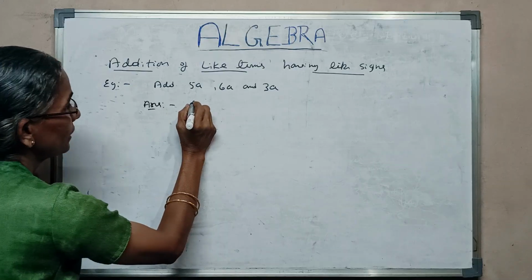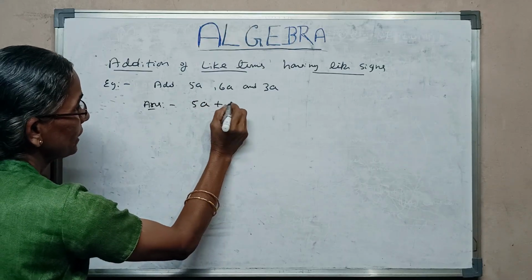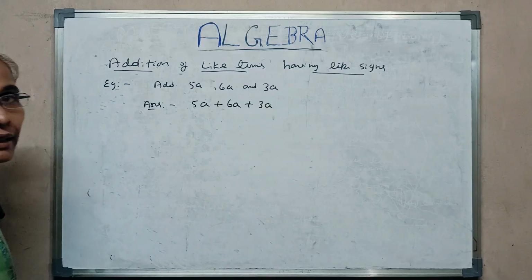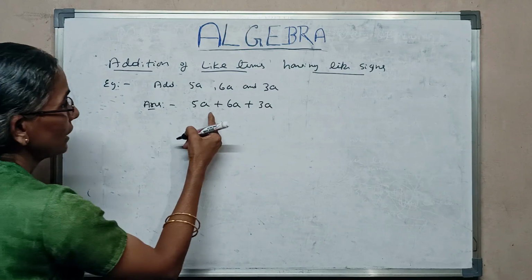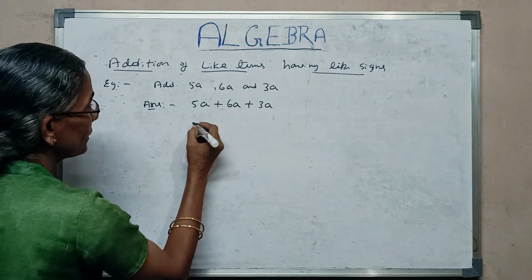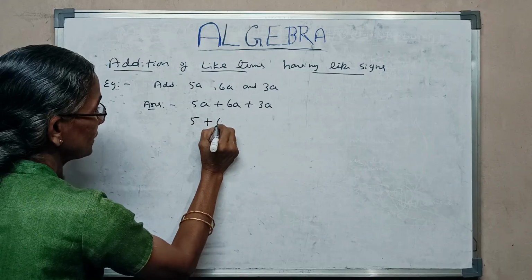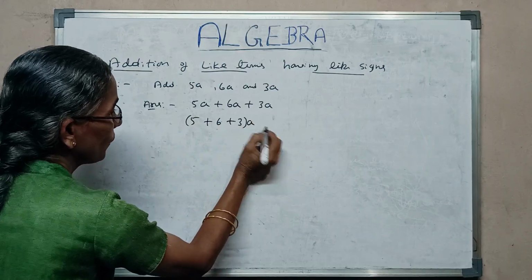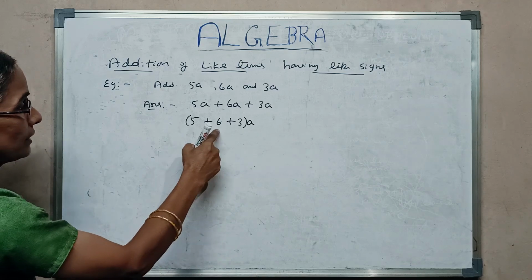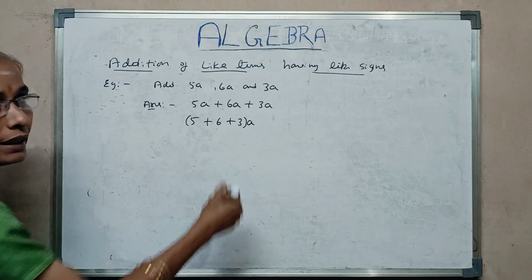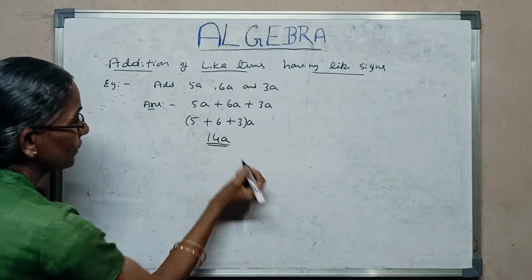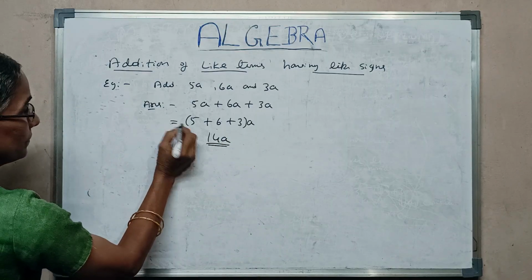Answer: 5a plus 6a plus 3a. Here the common variable is a. So 5 plus 6 plus 3, and a is common. 5 plus 6 is 11, 11 plus 3 is 14. Total is 14a.